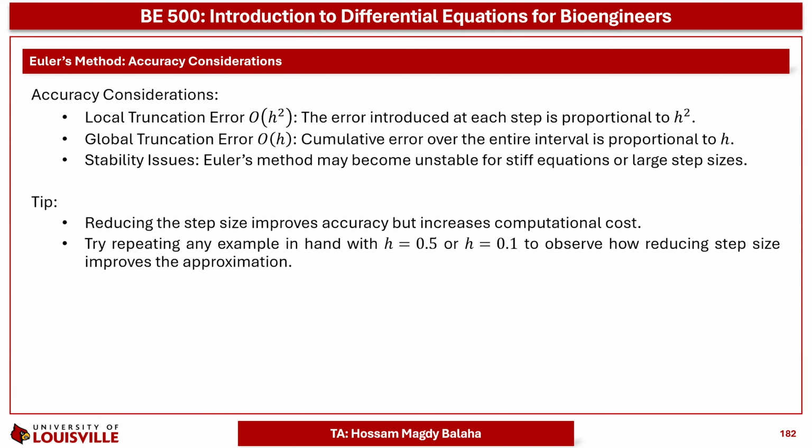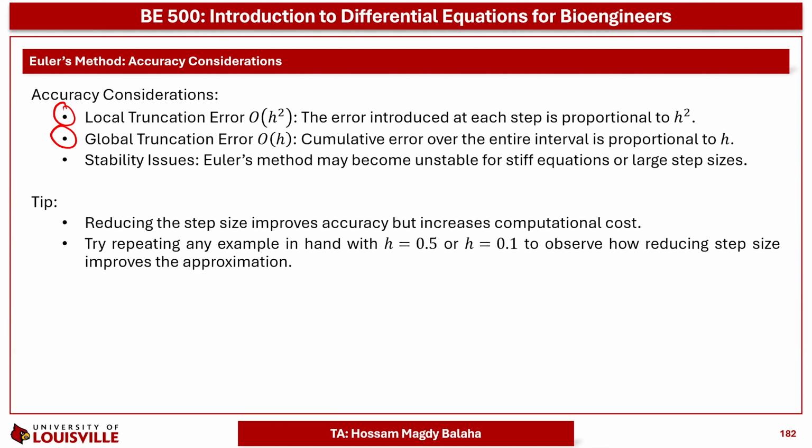So in the methods, we are going to introduce two terms. One is called local truncation error, in short LTE, and the other is called global truncation error, in short GTE. So simply, what is the difference between both of them? The LTE is the error introduced at each time step or step size, and the GTE is a cumulative error over the entire interval.